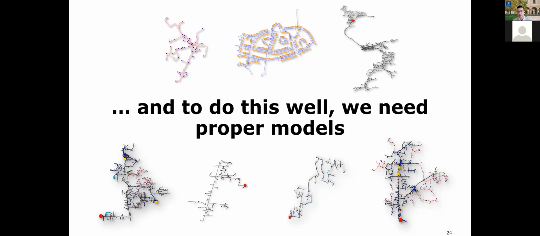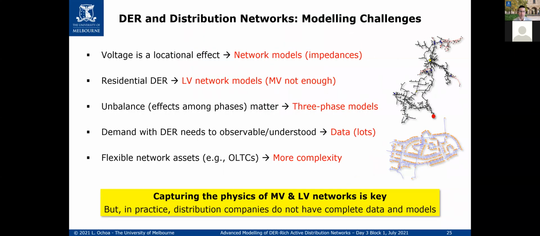To do this well, meaning OPF, similar to doing just a power flow, we need proper models, guys. And this is where it gets tricky, all right? Distribution networks, when you put distributed energy sources in them, have different challenges that we need to cater for. Voltage is a locational effect, so the network models, the impedances, need to be pretty decent.